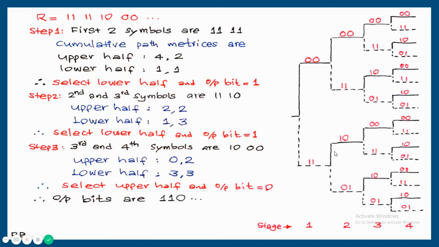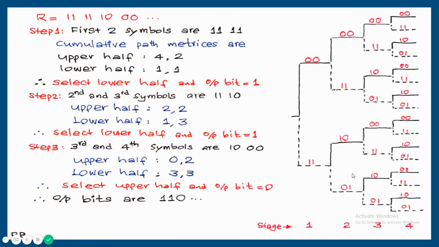Next upper half option, 1 0 and 1 1. Between that and 1 1 1 0 there are again 2 differences. That 2 is written here. Next, the lower half: 0 1 and 1 0. First bit is different, second bit is same, third bit is same, fourth bit is same. There is only one difference. That one difference is written here.